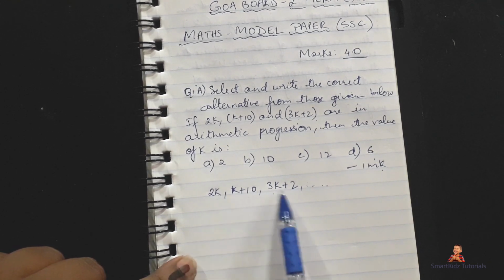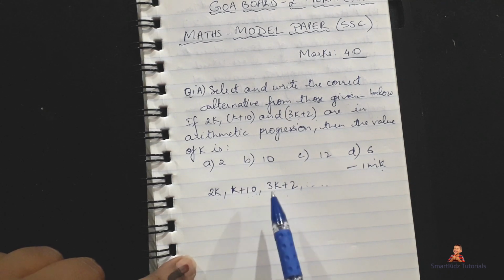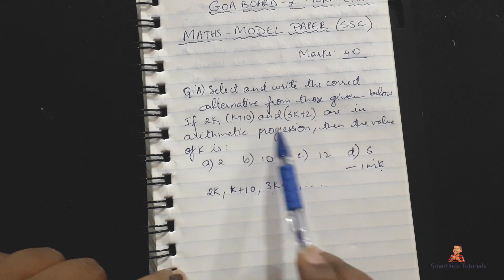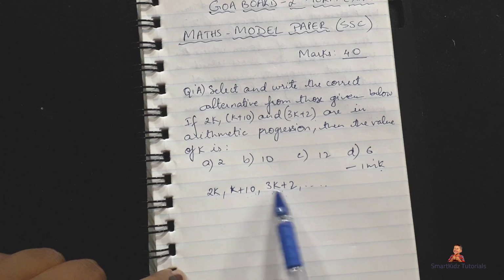The only thing that is common between these three terms is that there will be a common difference, because we have already been told that this is part of an arithmetic progression. One of the conditions of an arithmetic progression is that the sequence of numbers should have a common difference. So it's understood that these are going to have a common difference.